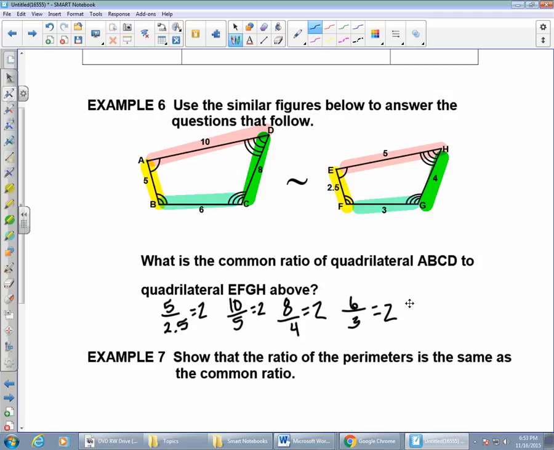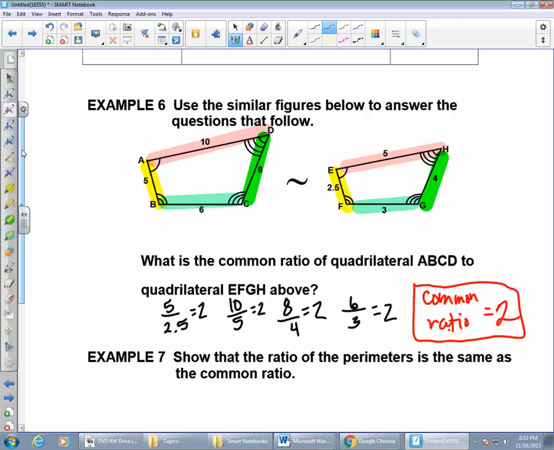If it asked for the common ratio of EFGH to ABCD, it would be 1/2, but here the common ratio is equal to 2.